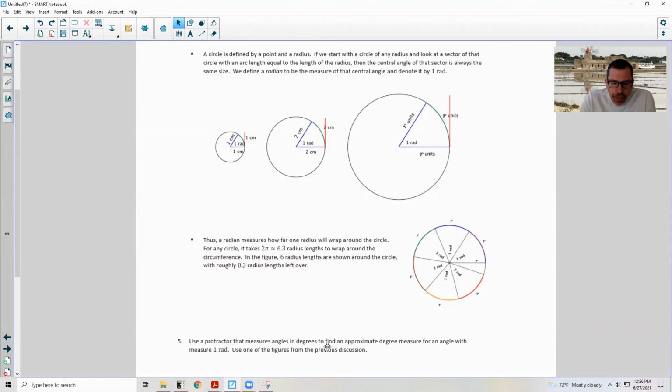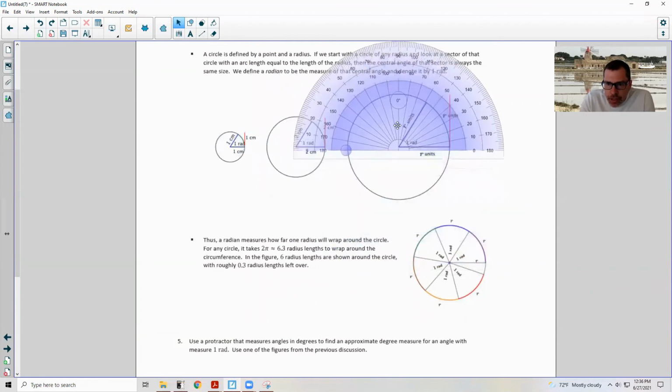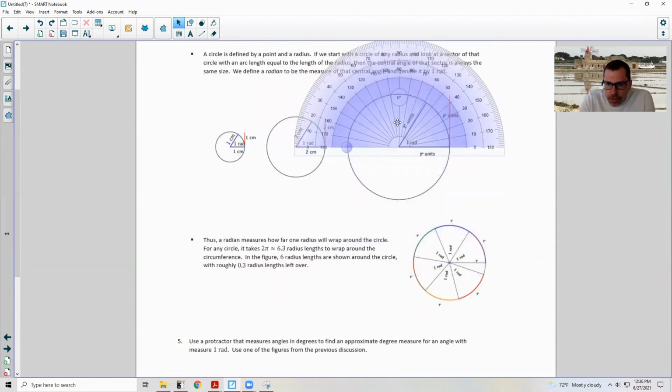So use a protractor that measures angles in degrees to find an approximate degree measure for an angle with a measure of 1 radian. So now if I get my protractor out and bring that down here, and I'll use the largest circle because it's easier. And when I do that, notice where it is. So if I click on here and I bring this up to my angle, notice where it is. It is at approximately 57 degrees right there.